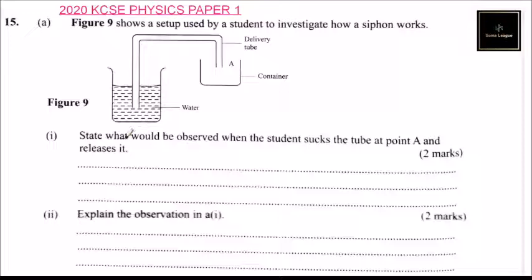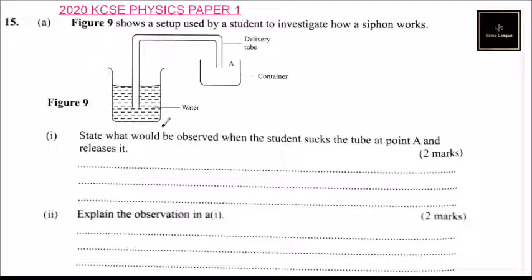Question number 15. A. Figure 9 shows a setup used by a student to investigate how a siphon works. So we have this container or beaker containing water. There is a delivery pipe and we have another container. Roman number 1, state what would be observed when the student sucks the tube at point A and releases it.